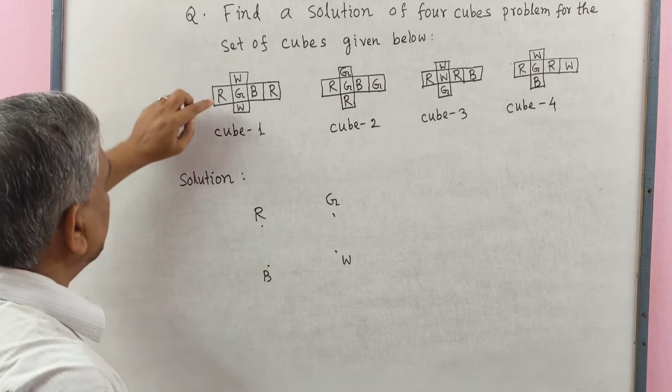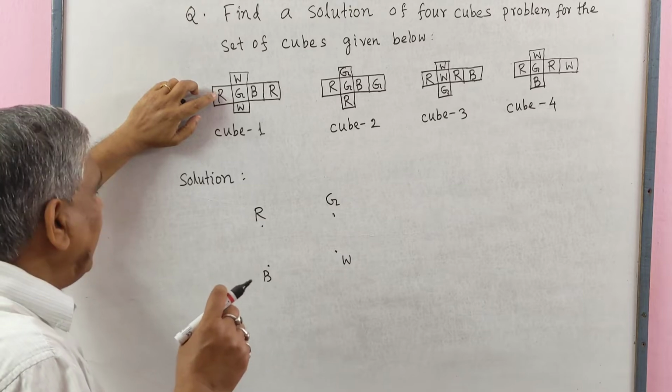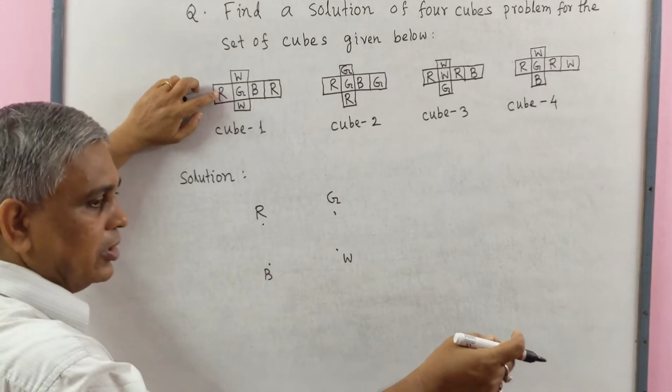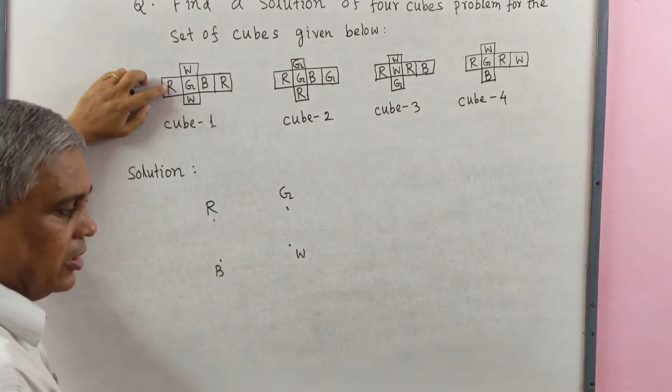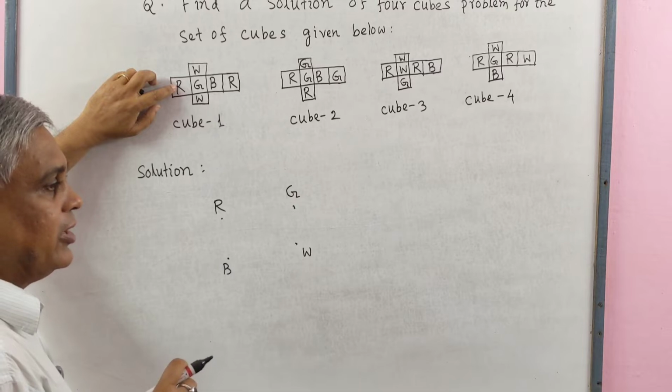So for the first cube, we join the left face and right face by an edge. For each cube, we will get three edges.